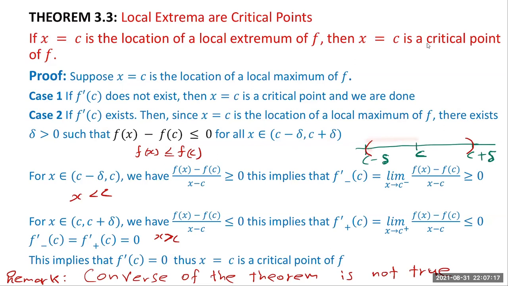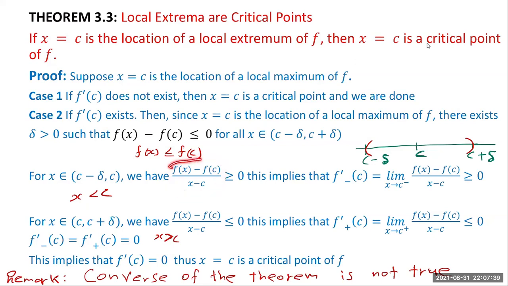This is the whole interval c minus delta, c plus delta. Let me focus on the left half, c minus delta, c. For x values in this interval, I'm going to look at this quantity. What can you say about f of x minus f of c divided by x minus c?